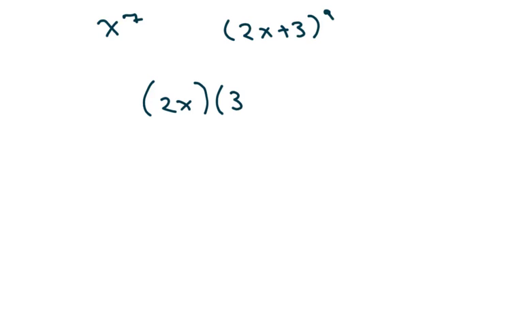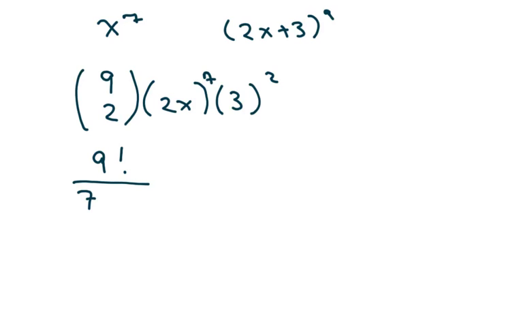The next one I have is the coefficient of x to the 7th in the expansion of 2x plus 3 to the 9th. So I'm going to write 2x and 3. I know this has to be 7. My total number is 9. So this has to be 2. So I put my 2 there. Alright. And I'm going to write this as 9 factorial over 7 factorial times 2 factorial.